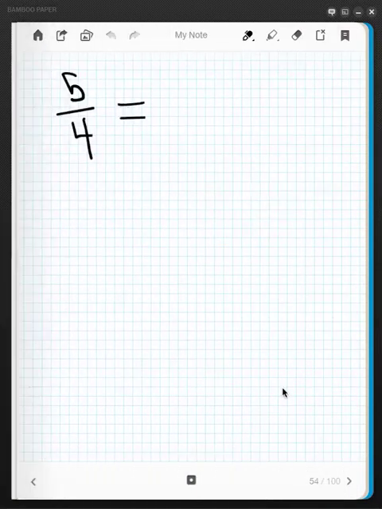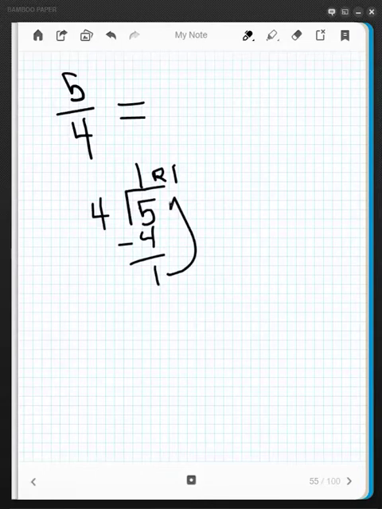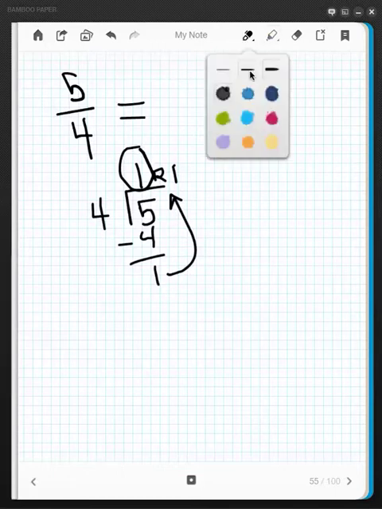So let's take a look at that with 5/4. I'm going to take the numerator and divide it by the denominator of 4. 4 will go into 5 one time with a remainder of 1, since 1 times 4 is 4 and 5 minus 4 is 1. And so that's my remainder, and this is my quotient right here.